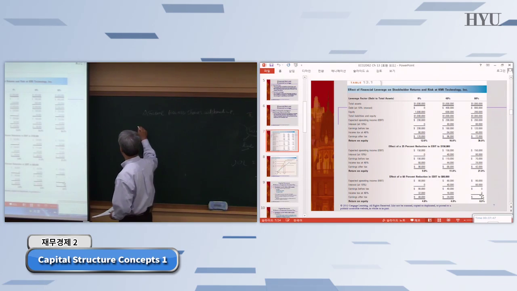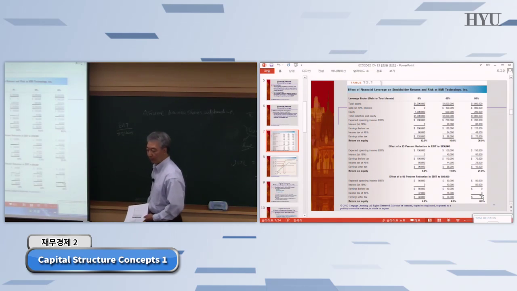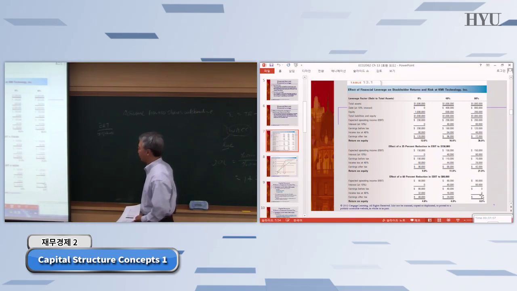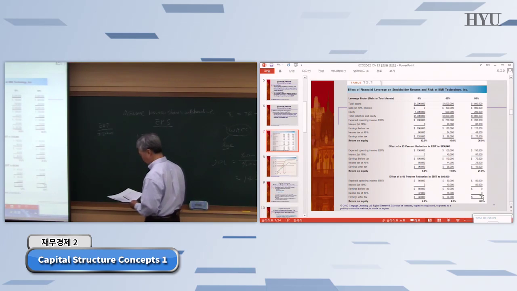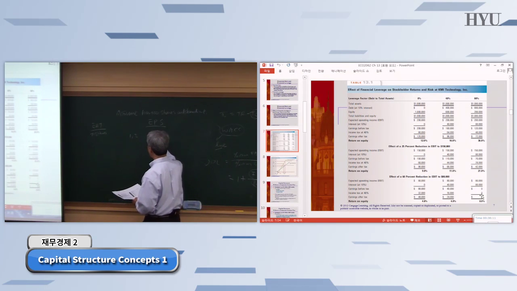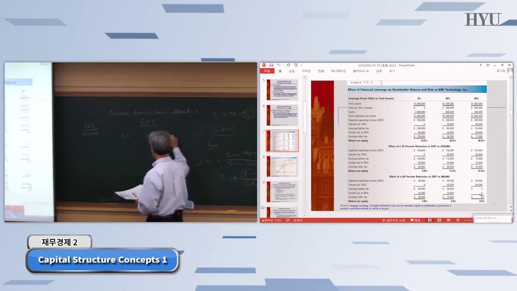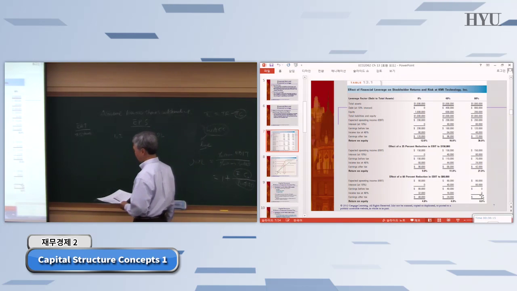EPS, earnings per share. So EPS will be $1.20, 96 cents, and 72 cents.